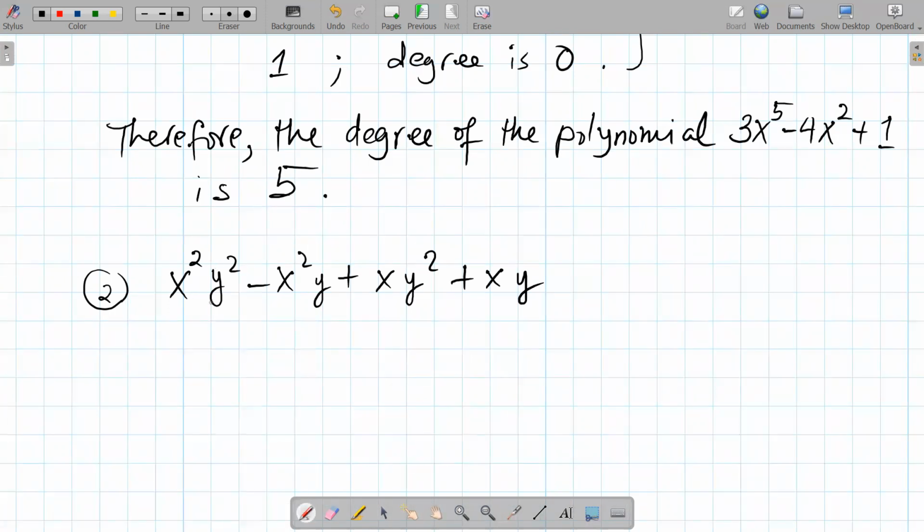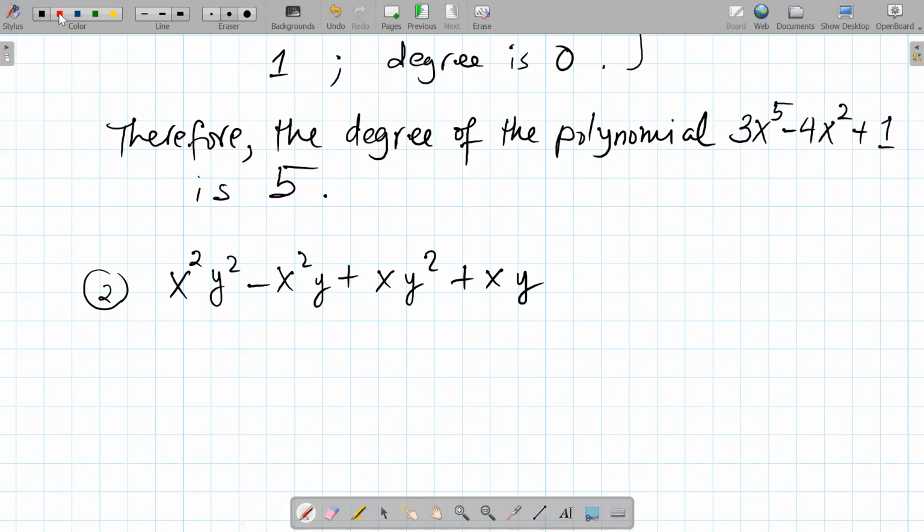This is one term, this is one term, one term, one term. So we have 4 terms in this polynomial, and we have 2 variables in there, x and y. So because of that, we want to find the degree of every term by summing up their powers, because we have multiple variables there.